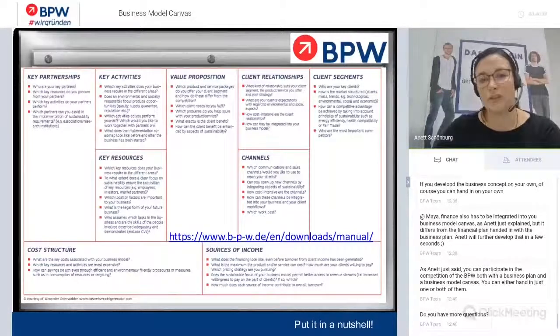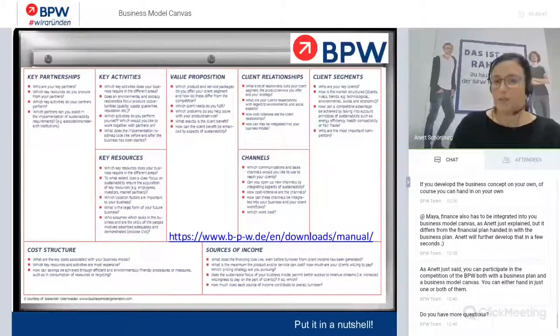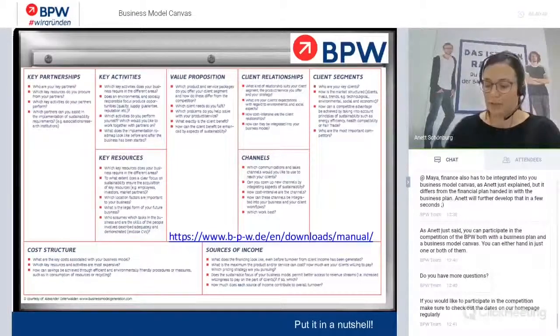As I said earlier, in component 2, client segments, which you find on the right-hand side, please use one sticker note for each client segment. So for example, if you have B2B clients that are willing to pay for your value proposition, check if you further need to divide your B2B clients and use one sticker note for each client group. And you can also use sticker notes for each B2C user.